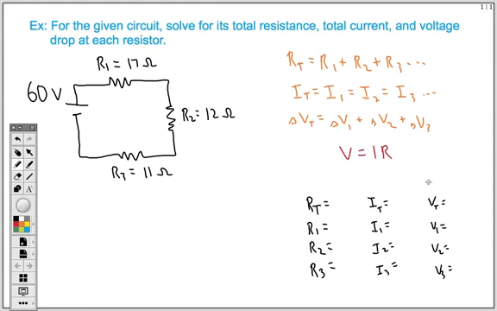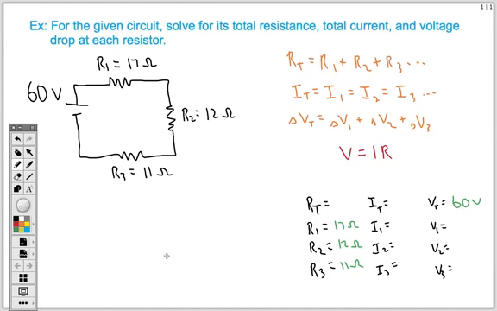So we know that our total voltage is 60 volts, so we're going to put that in here. And we know that resistor 1 is 17 ohms, resistor 2 is 12 ohms, and resistor 3 is 11 ohms. Our objective then is to solve for all of these open areas.